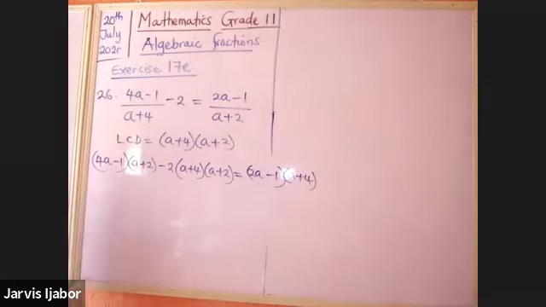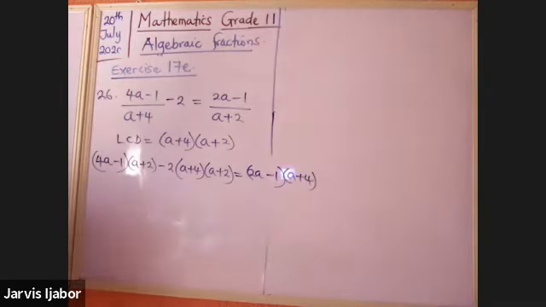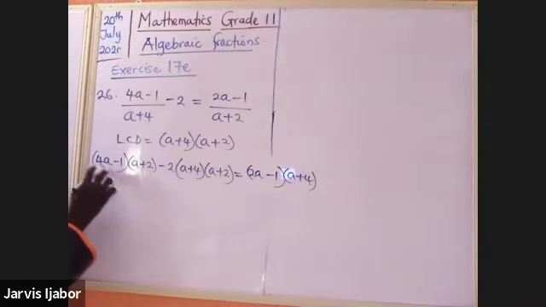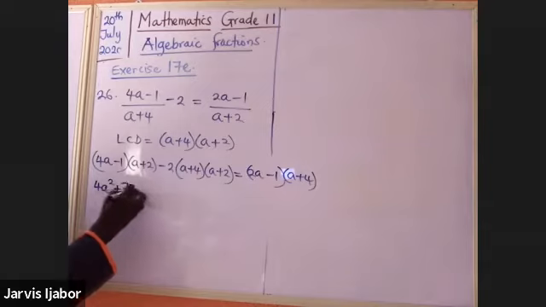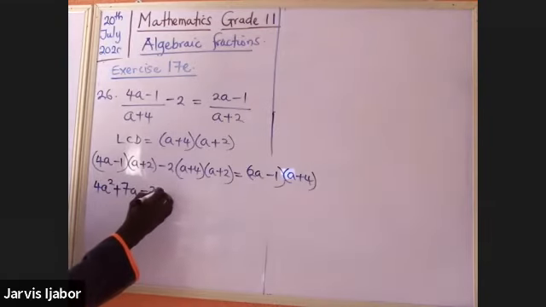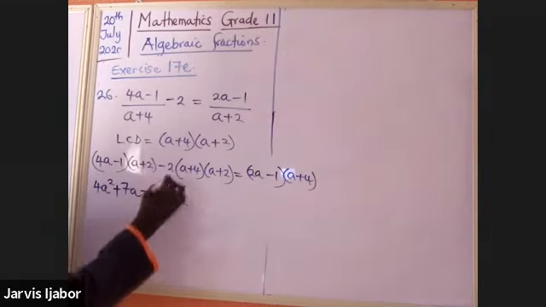All right. So the next thing you want to do is to try to expand them. Expand this part. You need to have 4A squared plus 8A minus A minus 2, that's 7A minus 2. Then minus 2 into what?